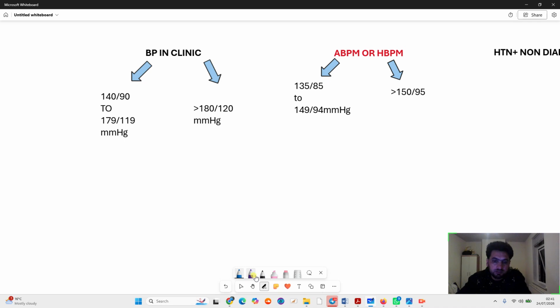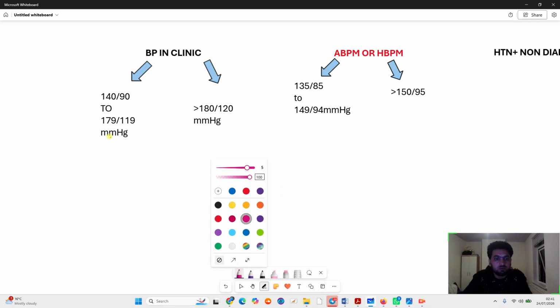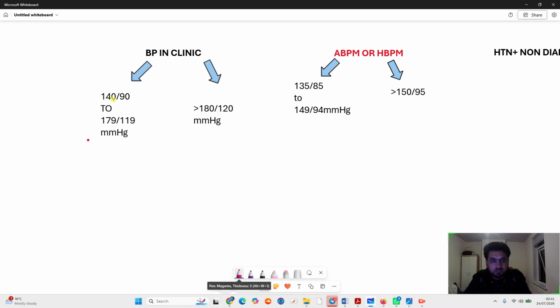The first: the patient is coming and we check the BP and it's between 140/90 up to 179/119, so we advise the patient ambulatory blood pressure monitoring.